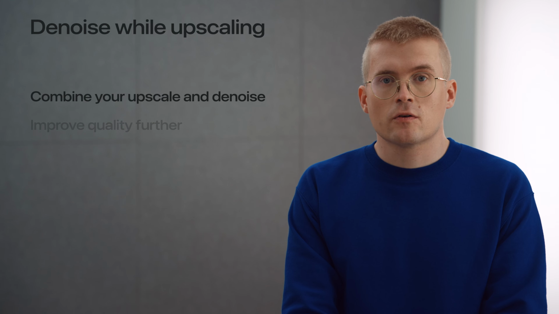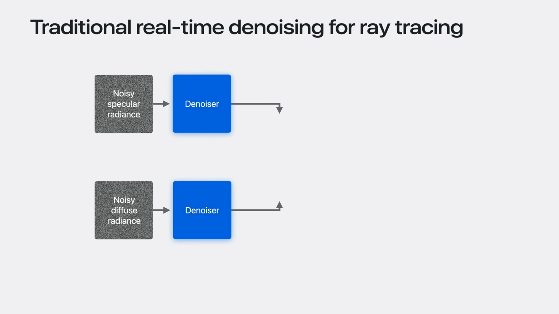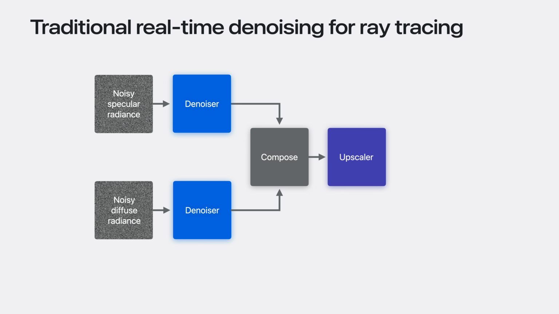Before you can combine your upscaler and denoiser, let's take a look at how these steps are traditionally done. Typical real-time and interactive ray-traced rendering pipelines trace multiple effects separately, denoise them separately, and compose the result into one noise-free jittered texture, which is upscaled by MetalFX temporal upscaler, followed by post-processing.